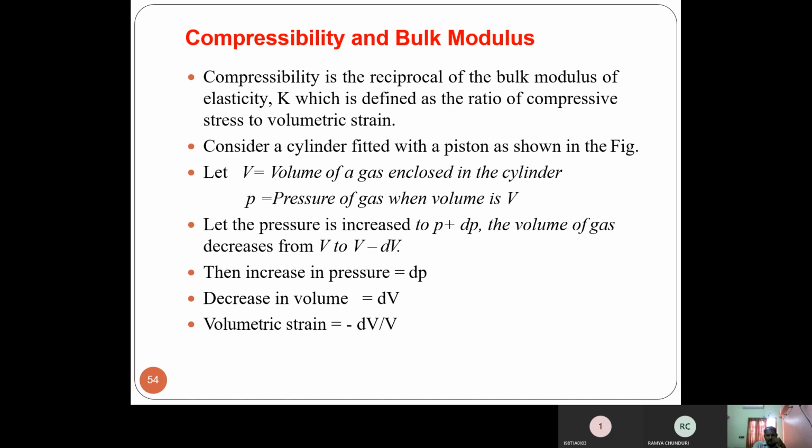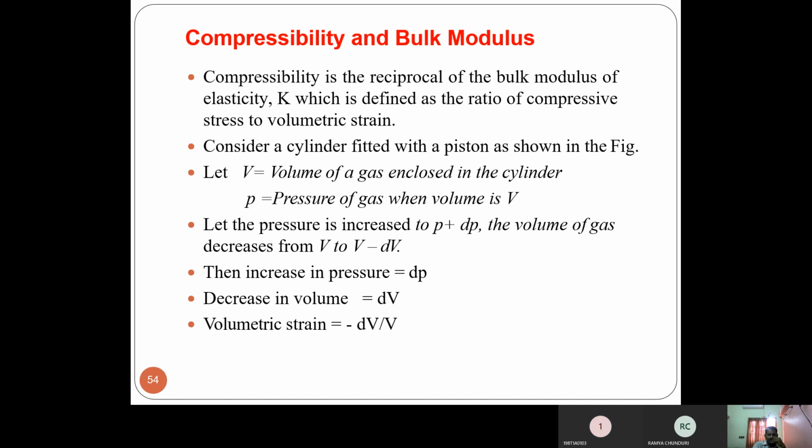Actually, it is a minus, because here we are representing the term decrease, and decrease is a negative value. Indirectly we are showing that volume is decreased, so we get a negative quantity, minus dV.